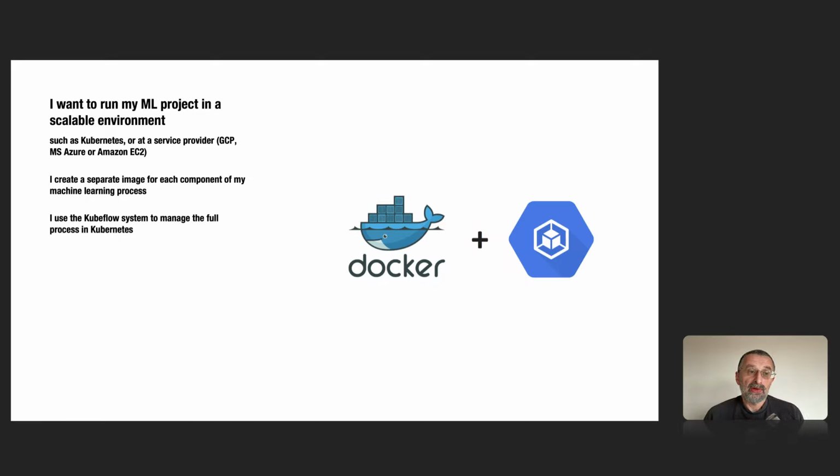And for example, you may also want to run your machine learning project in a scalable environment such as Kubernetes or GCP, Google Computing Platform, Azure, or EC2. So you create a separate image for each component of your machine learning process pipeline, and then you can use the Kubeflow system to manage the full process in Kubernetes.